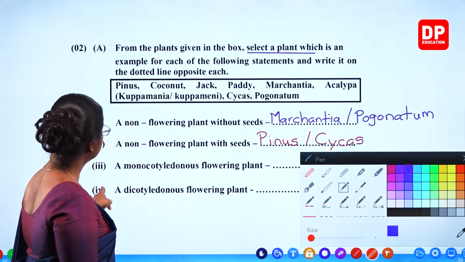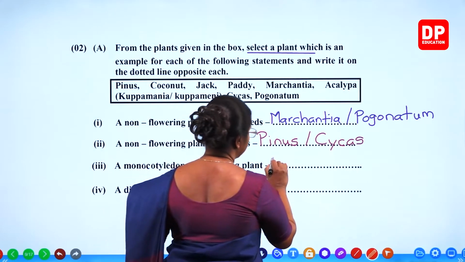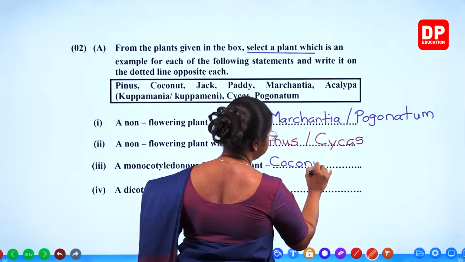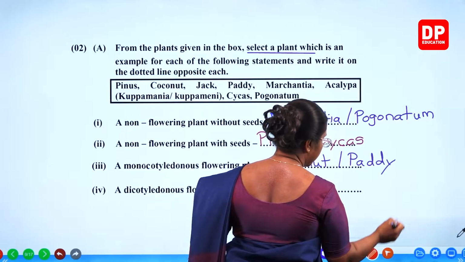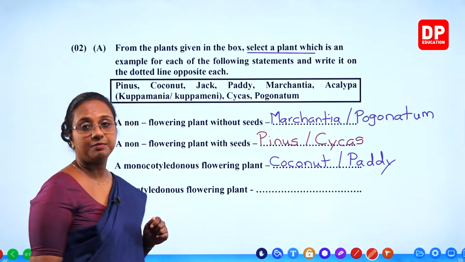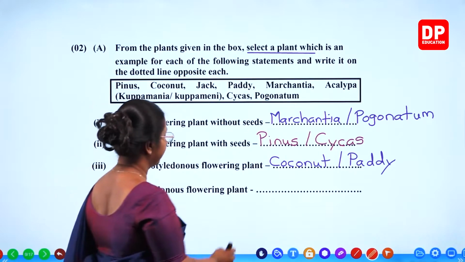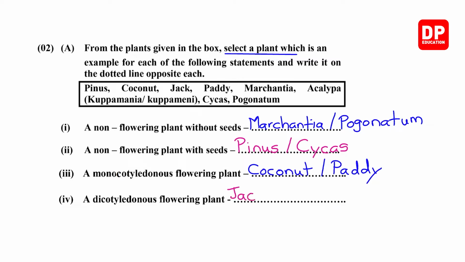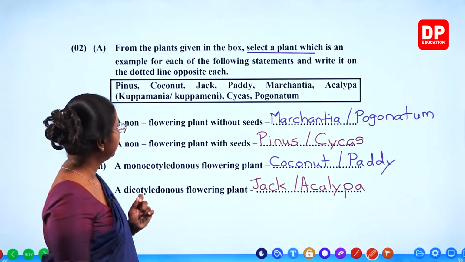Then the third one, a monocotyledonous flowering plant. So I told you all, coconut, paddy. You can write one. Then there is the fourth one, a dicotyledonous flowering plant. It has to be either jack or acalypha. Acalypha indica is Cupameni.